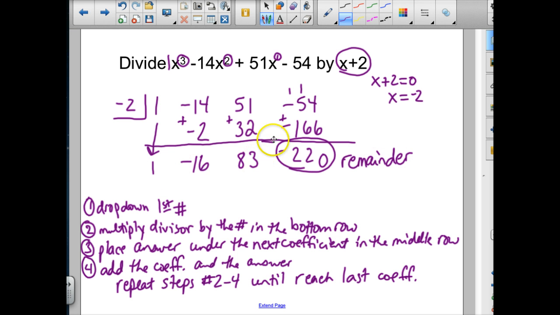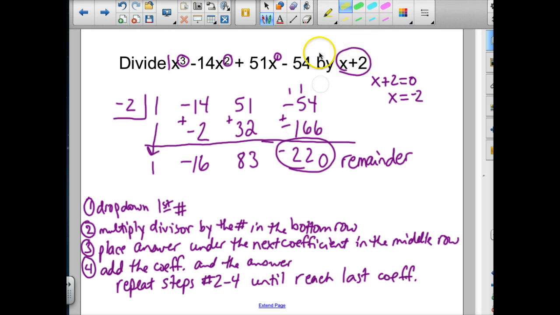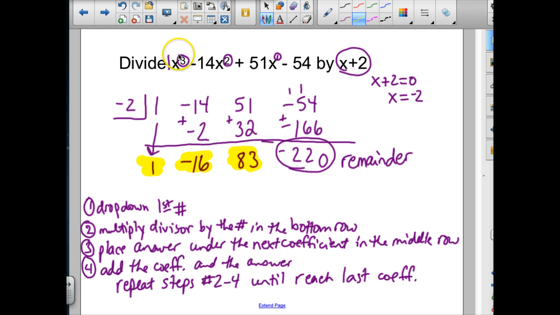And what do these numbers mean? Well, these numbers are the coefficients for our answer. Since we divided x to the third by x to the first, what do you think the power is on this first number? It's x squared.